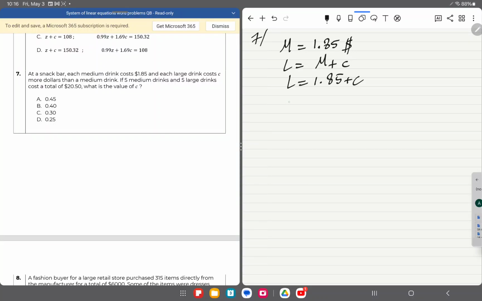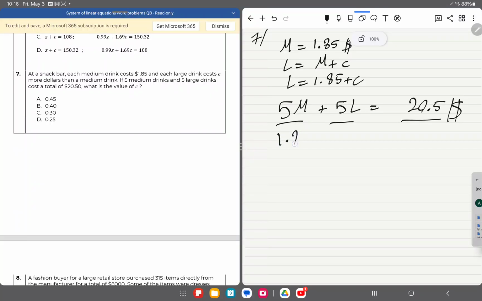Now, if 5 medium drinks and 5 large drinks cost $20.5, what is the value of C?